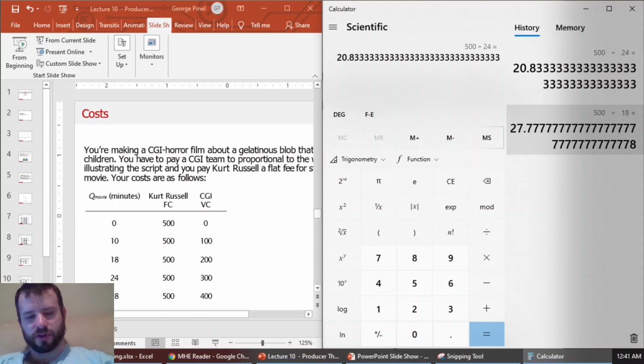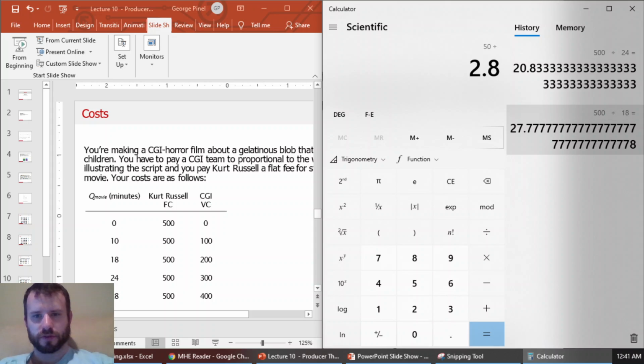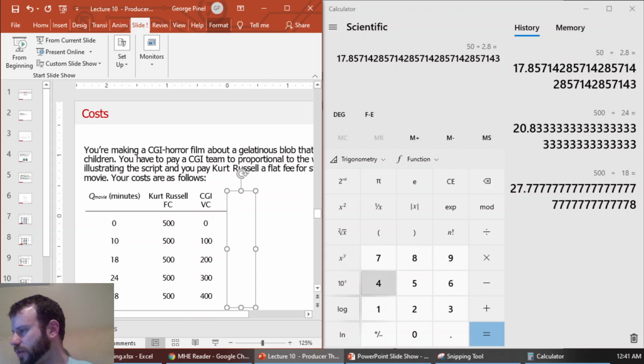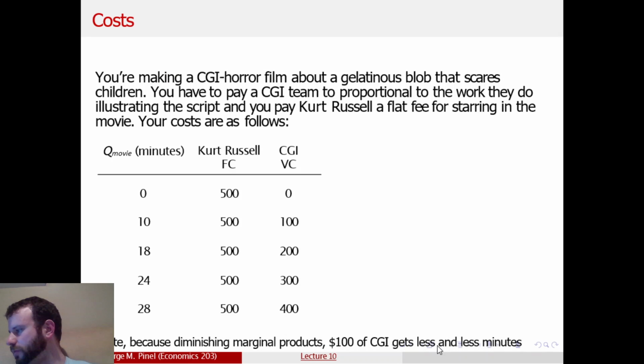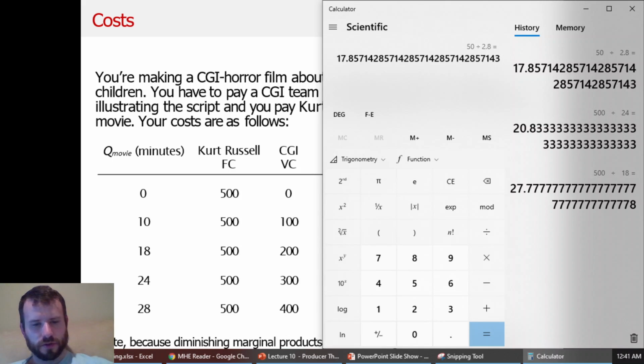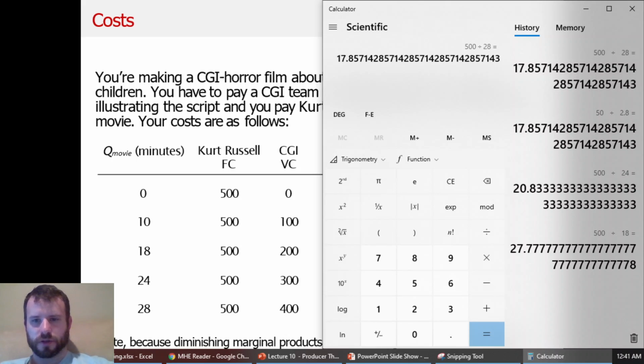And then 500 divided by 28 should be 17.86. Sorry, I don't know where I saw 7.